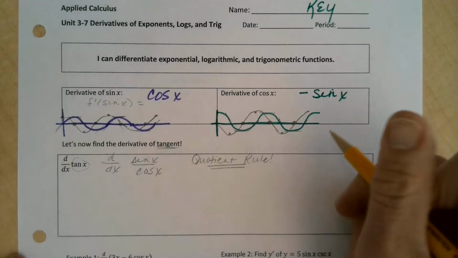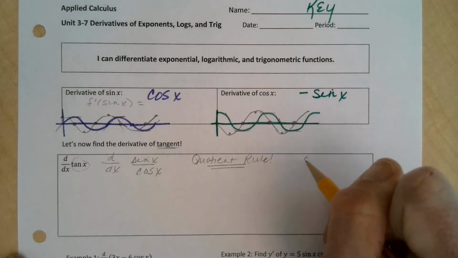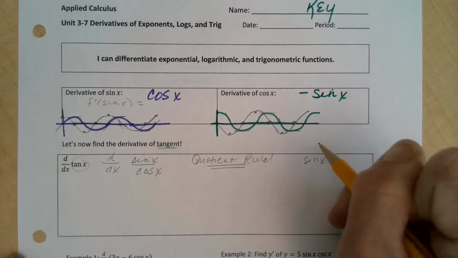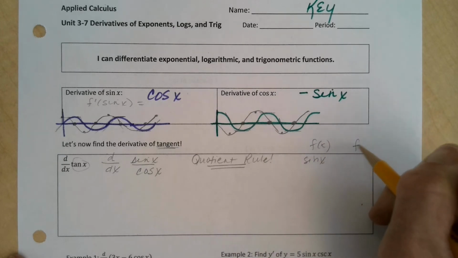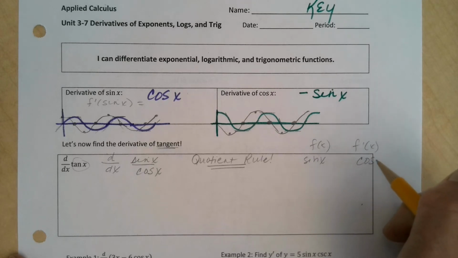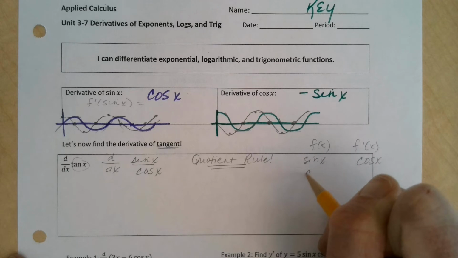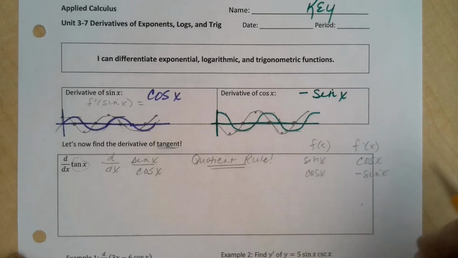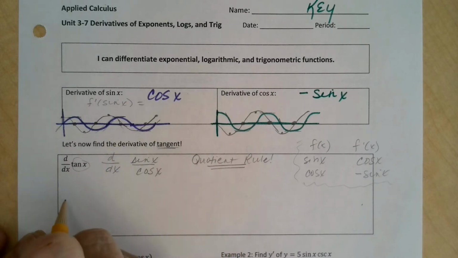So we can go ahead and tell ourselves that we have the sine of x as the function. The derivative of that function is cosine of x. If we have the cosine of x, the derivative is the opposite of the sine of x. So this is just a little note sheet to put out there. So when we go to fill stuff in, we can go ahead and do the quotient rule.